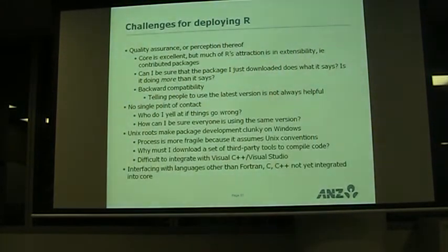And interfacing with other languages besides just Fortran, C and so on is not really integrated. You've got packages to interface with Java, .NET and XML and so on, but they are again contributed packages. If, say, Duncan Temple Lang decides that the package XML is no longer interesting and he decides to do something else instead, what happens in terms of maintenance?